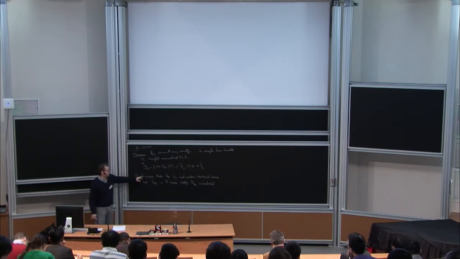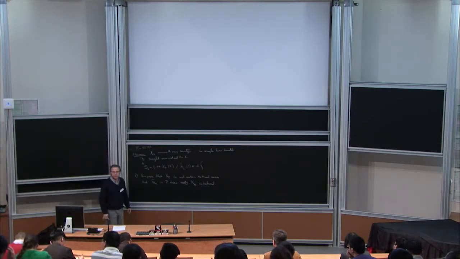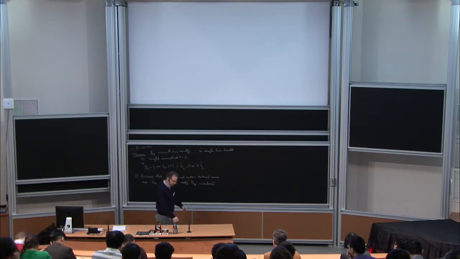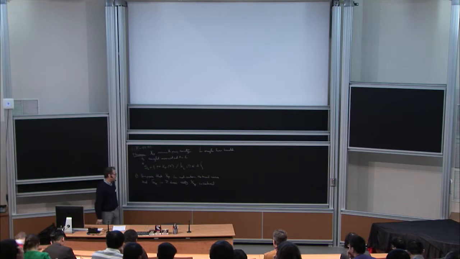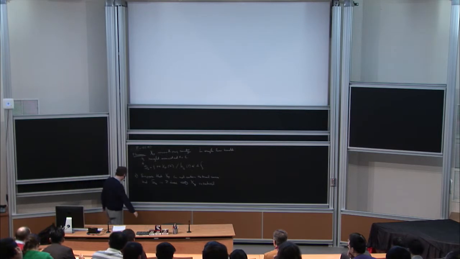And this hypothesis is not so bad because, for instance, it contains abelian varieties and all the hyperbolic varieties. We will speak about this in the following. So many interesting cases are contained in this property.